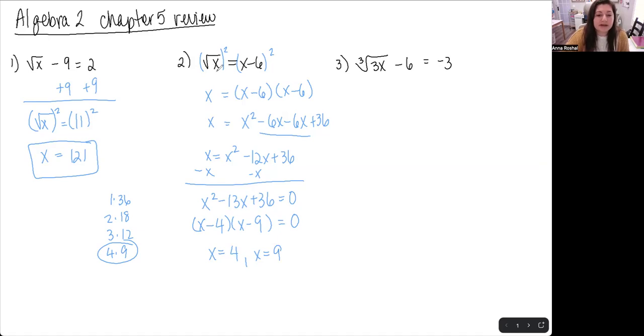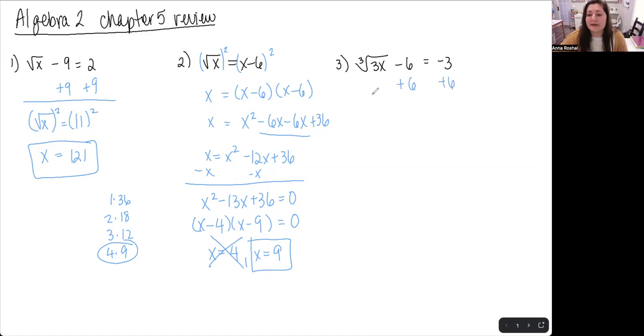If I put 4 in here, I'm going to end up with 2 on the left-hand side and negative 2 on the right-hand side. So I actually need to reject the answer 4 because 4 will not make the equation true. And x equals 9 is the only possible answer. So sometimes you will have to go in to check to make sure that your answers work.